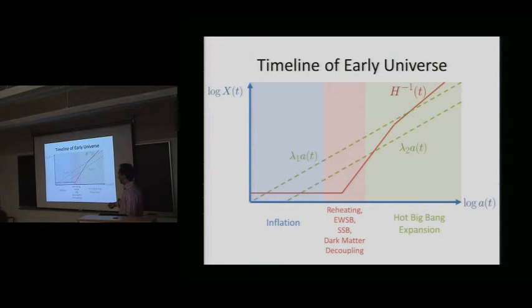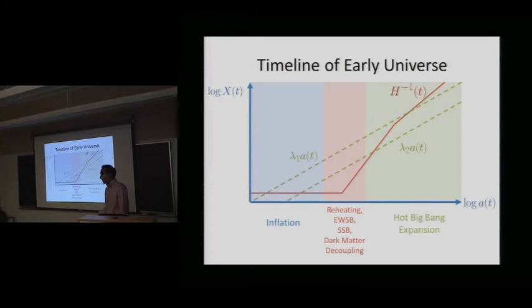At some point there was a transition to a radiation-dominated era, when this began increasing, and then it began increasing a little bit more slowly during a matter-dominated era. And this whole time, the wavelength of any particular fluctuation, or any wavelength in the universe, is stretched along with the expansion of space. And so these green lines give you some examples of particular wavelengths that are being stretched with the expansion of space.